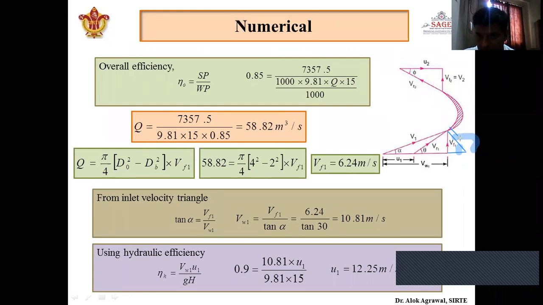This portion is the Vr1. I hope it is clear how the velocity triangle changes depending upon the value of theta.